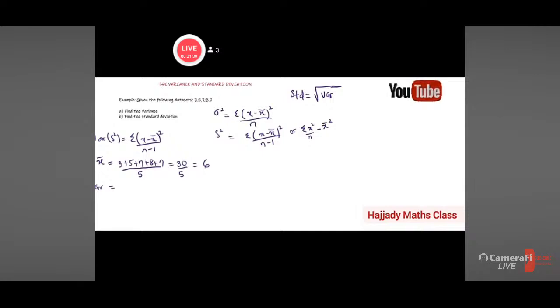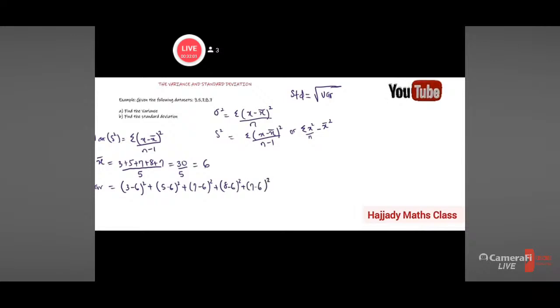Here we have the first observation, 3 minus 6 all squared, plus the next observation, 5 minus 6 all squared, plus the third observation, 7 minus 6 all squared, plus the fourth one, 8 minus 6 all squared, plus the last one, which is 7 minus 6 all squared.